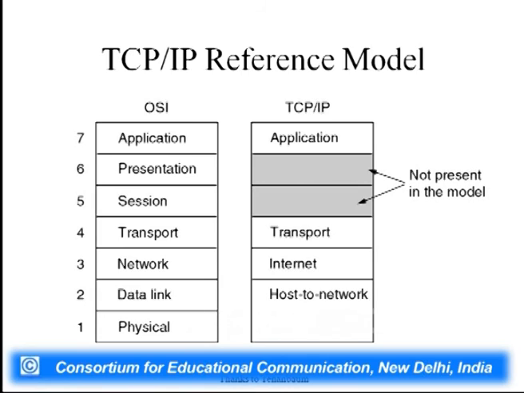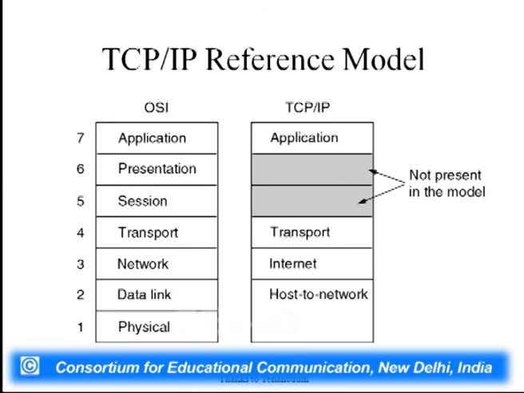If we try to draw a parallel, the transport layer exists in the OSI model, and the transport layer also exists in the TCP/IP model. There is a network layer in the OSI model, and correspondingly we have an internet layer, though it may not be a one-to-one mapping, but still they match to a large extent. And then instead of data link and physical layer, we call it the host to network layer, and the application layer exists in both. Now, what happened to the presentation and session layers?